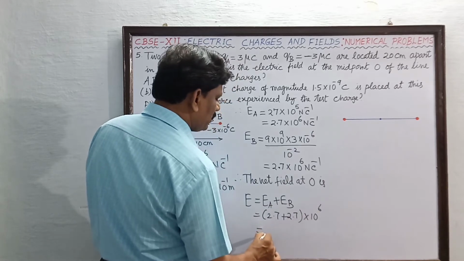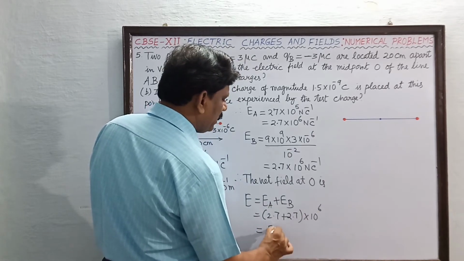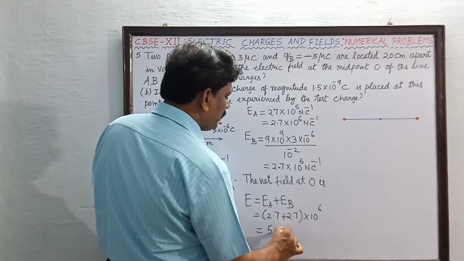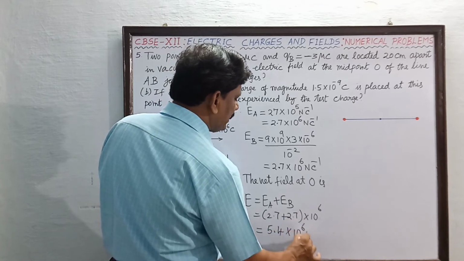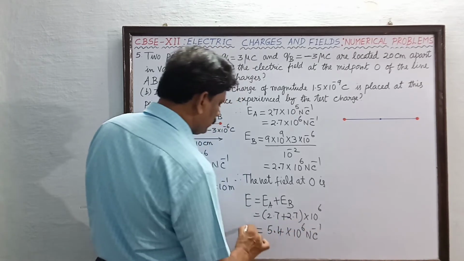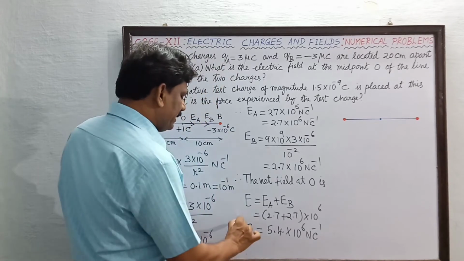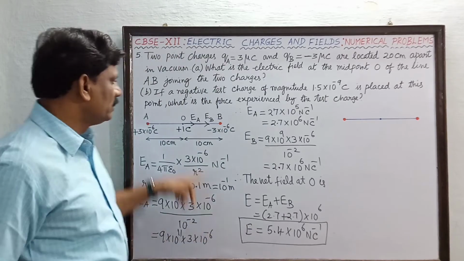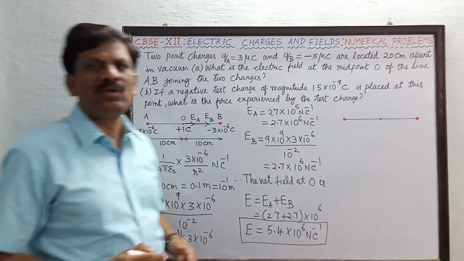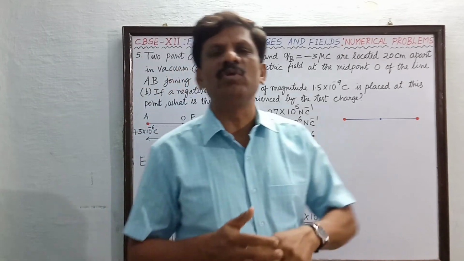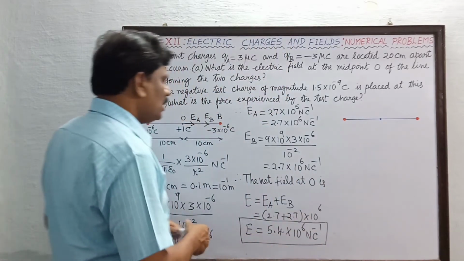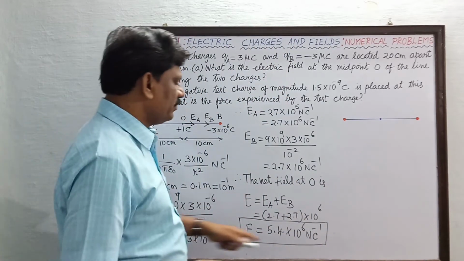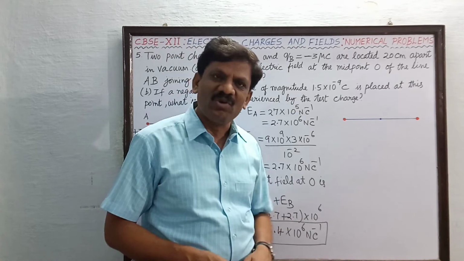So this is equal to 5.4 into 10 power 6 Newton per Coulomb. This is the net electric field at O. So the resultant electric field at O due to these two charges is E equal to 5.4 into 10 power 6 Newton per Coulomb.